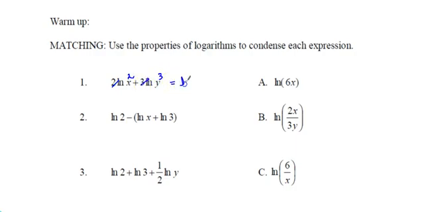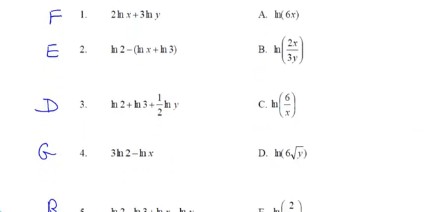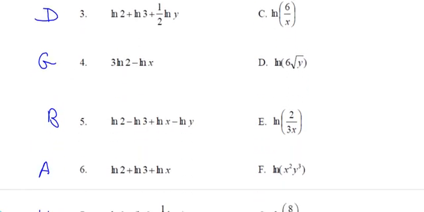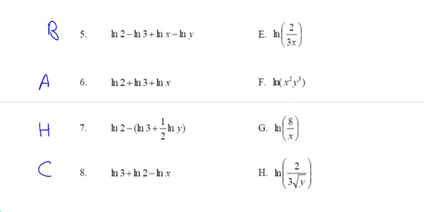So this is ln x squared y cubed, which you can check the answer here. I'm going to bring my answers here in case you want to check that. So you may want to pause this video and do all this as a warm-up. So these are the answers: F, E, D, G, B, A, H, and C.